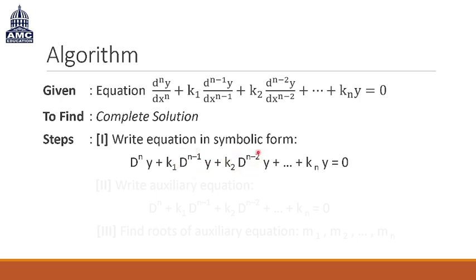D raised to the power n minus 2 is the (n minus 2)th order differential operator. And at the last, we do not have any operator here. It is actually D to the power 0, so we have just omitted it for the sake of brevity of writing the equation. So this is the symbolic form of the equation.